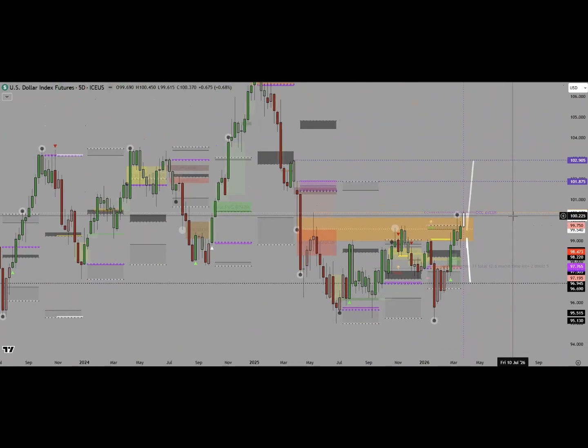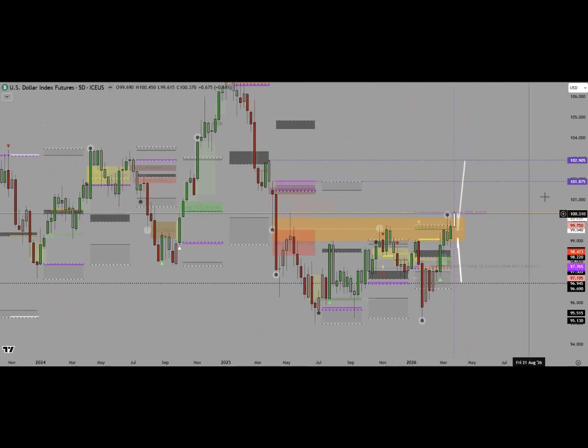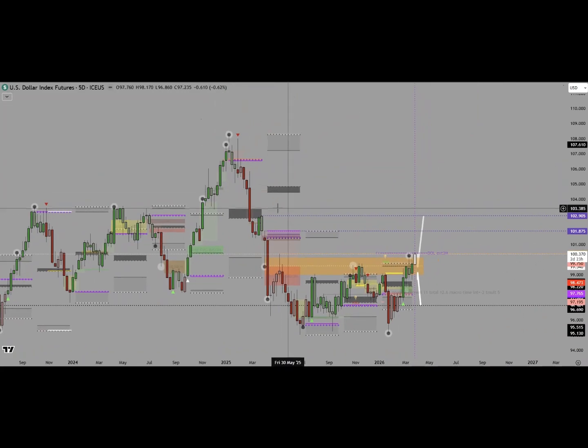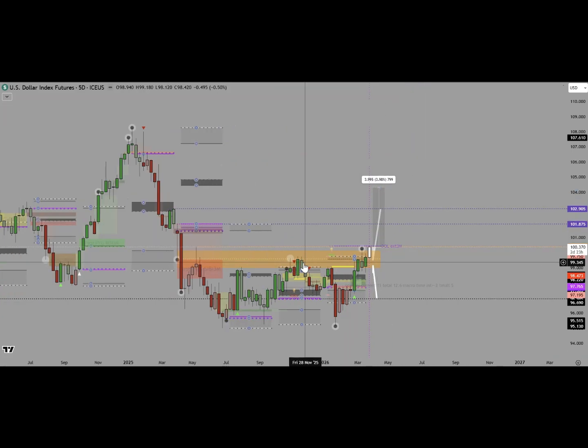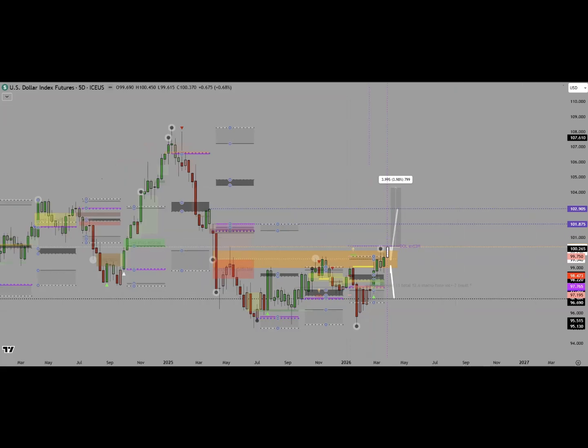In the weekly chart, market structure is bullish after a fake market structure bearish. Seems like it's going for this. It's probable. Let's wait to see what happens.